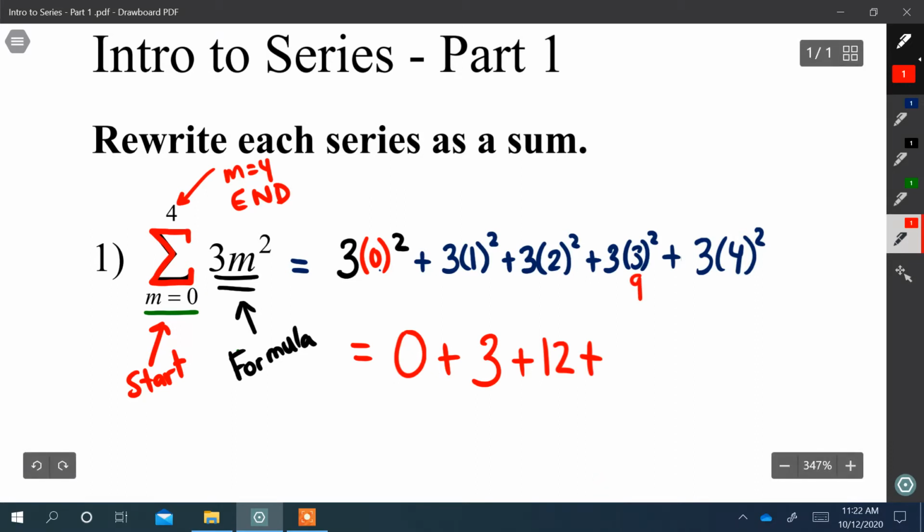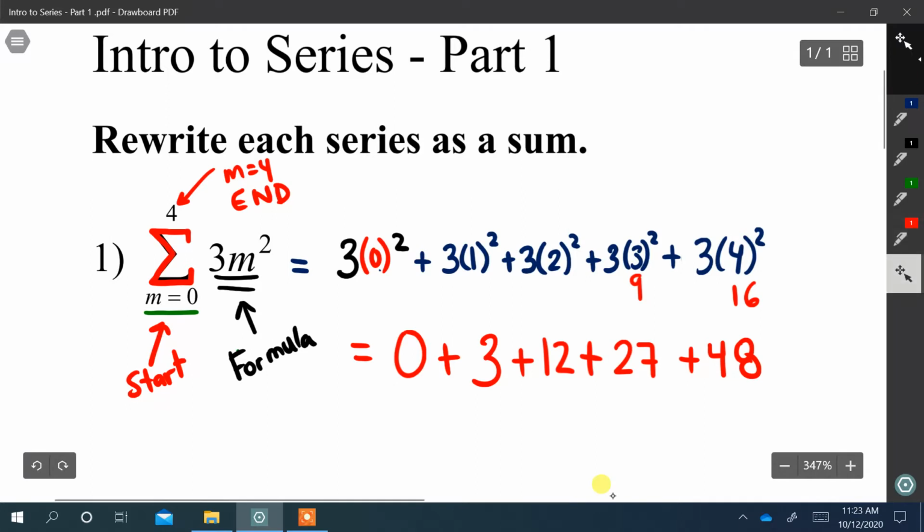Okay, 3 times 9 is 27. And then 4 squared, that's going to be 16. And 3 times 16, let me actually grab my calculator. We're going to get 16 times 3. Well, that's going to be 48.